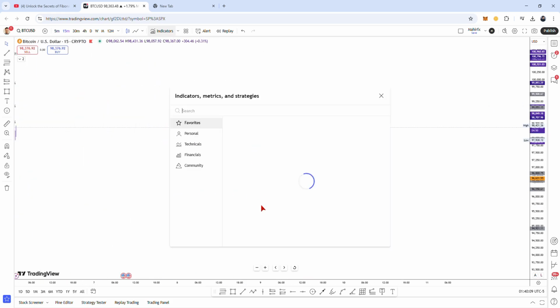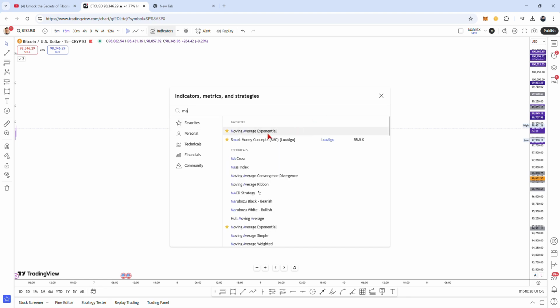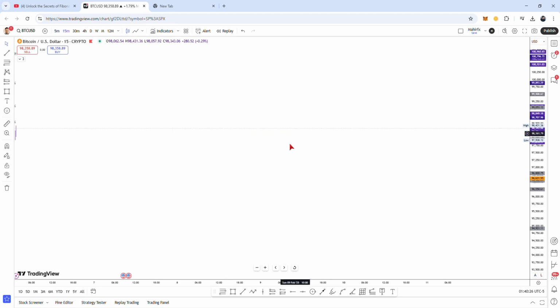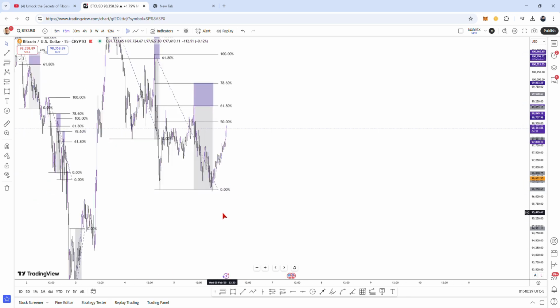Actually, there are 2 indicators you may use for entry confirmations, which is MA, moving average, and also RSI.